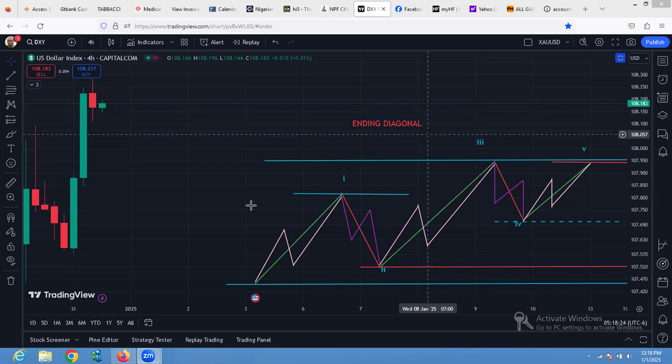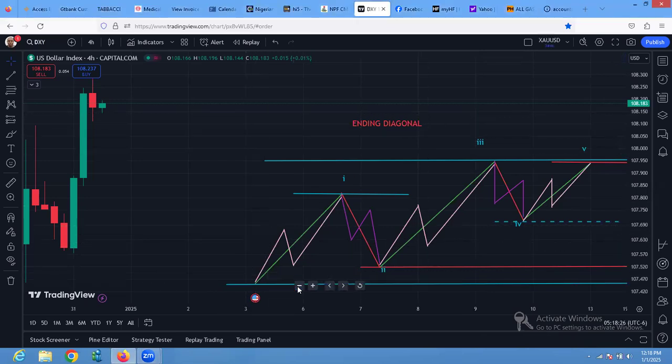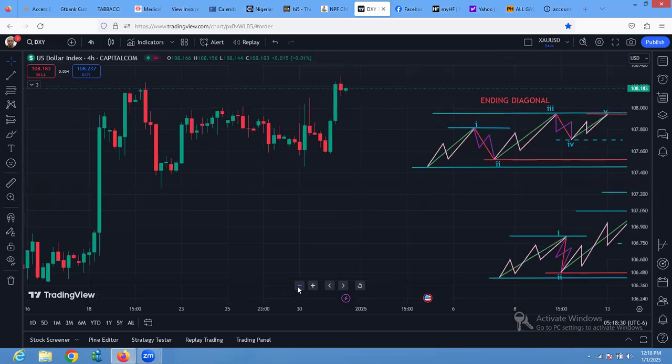Yeah, in leading diagonal. So let's go to the leading diagonal and see how that is different from the ending diagonal.